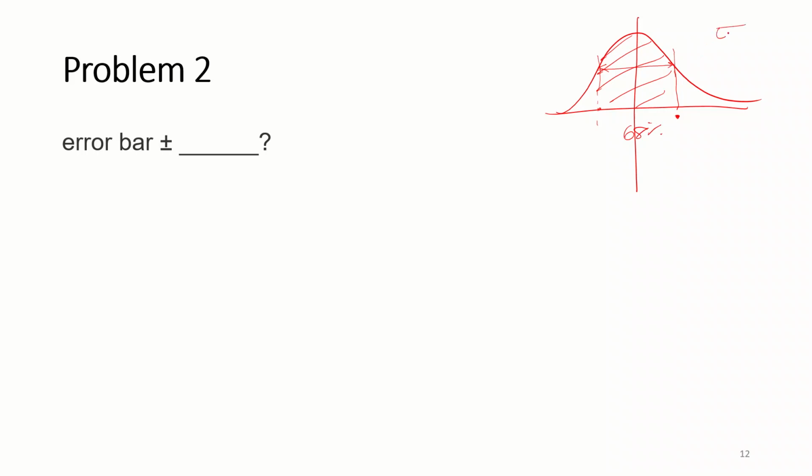The standard error is essentially the standard deviation divided by the square root of n. So we have the standard deviation is kind of this. Then we have the standard error, which is the standard deviation by root n, the number of samples.